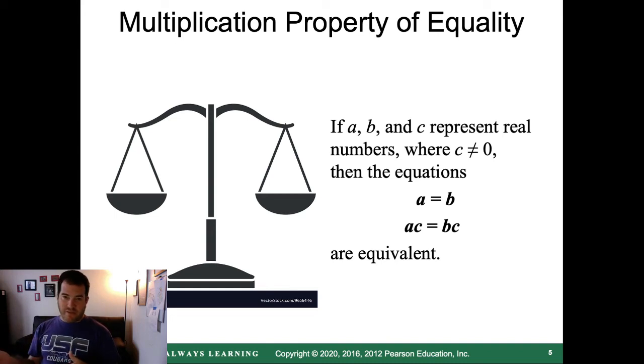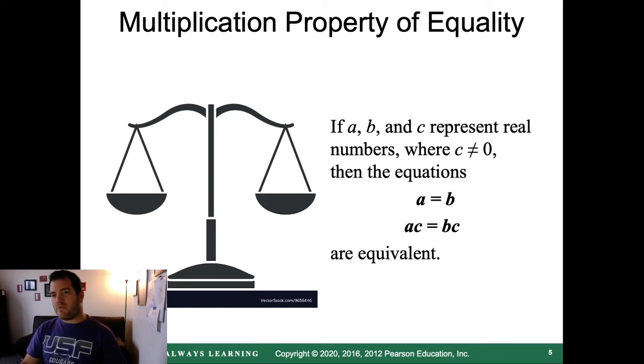If you multiply something on one side, you have to multiply the other side too, and if you divide one side, you divide the other side. I set them up the same way, with the line down the middle, and I still put little boxes around the variables. It's just how you solve them that is a little different.